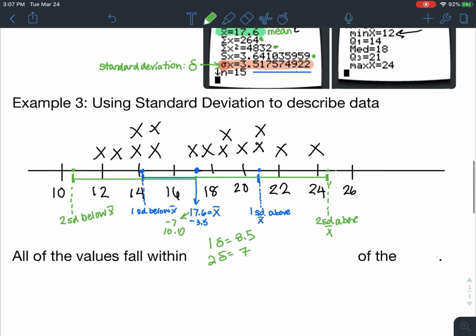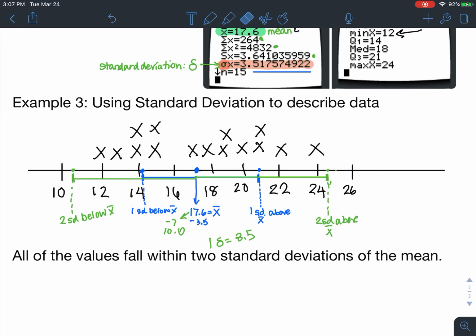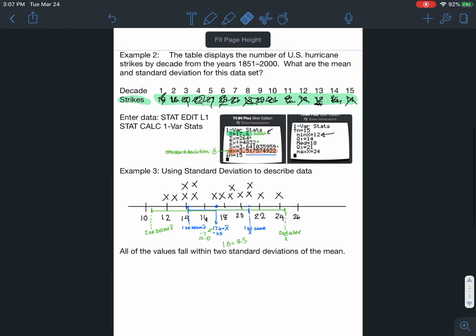So that's something that a statistician might be interested in, that all of the data fall within 2 standard deviations. That's how it would be said. So all values fall within 2 standard deviations of the mean.